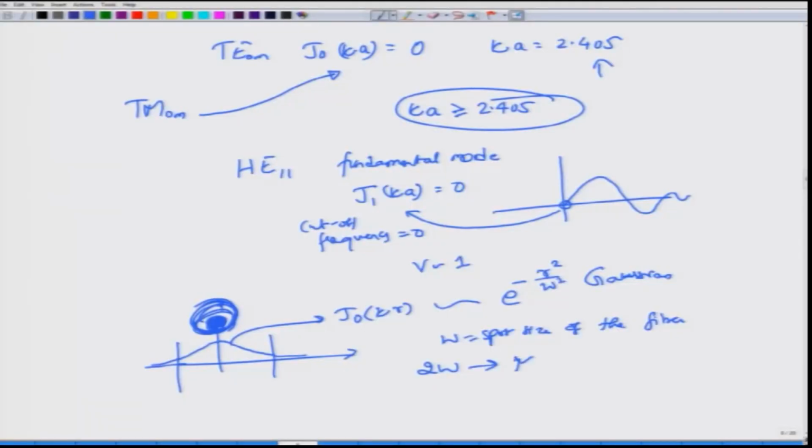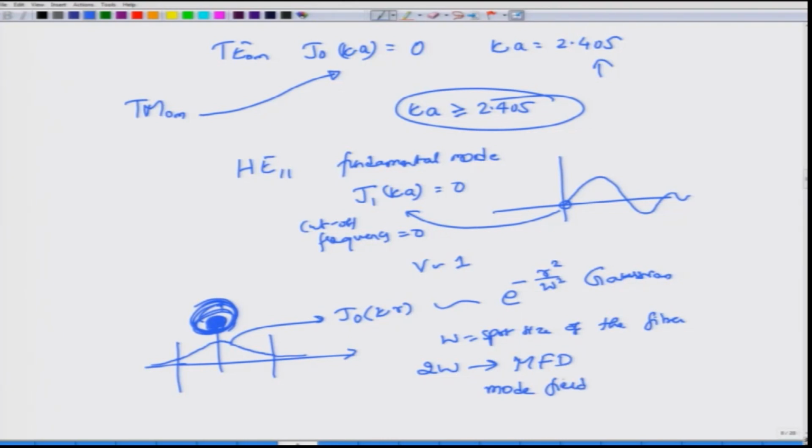And this spot size is important because if one fiber has an extremely large spot size and you go with a fiber whose spot size is very small, when you try to couple them, the light is spread out much more widely in one because of the larger spot size, whereas the light collecting capacity will be smaller for the other fiber because it has a smaller spot size, and there will be a spot size mismatch. Twice the value of spot size is what we call the mode field diameter.